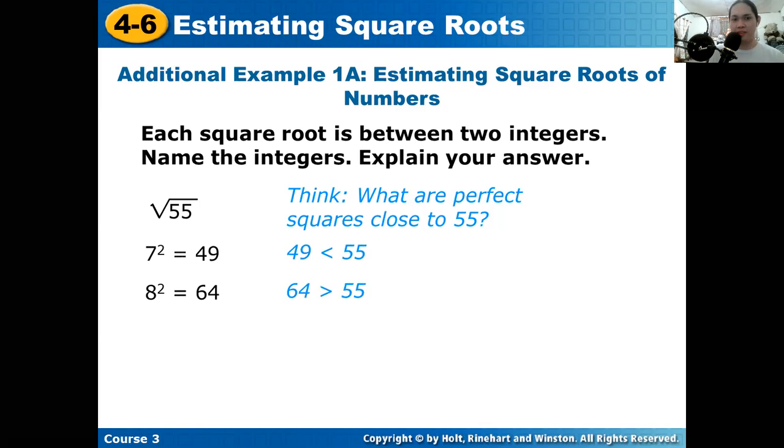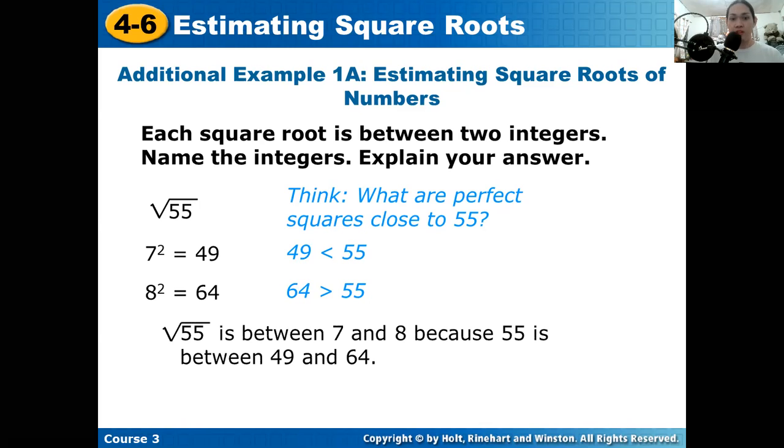Then 8 squared is equal to 64. So 55 is between 49 and 64. We know that the square root of 49 is 7 and the square root of 64 is 8.